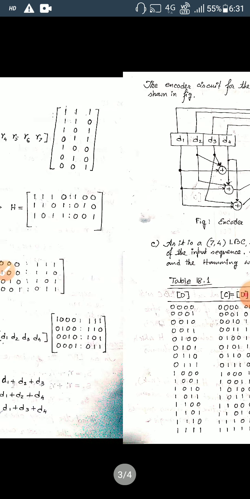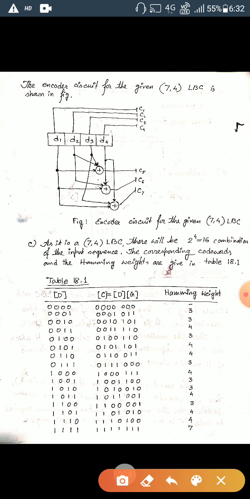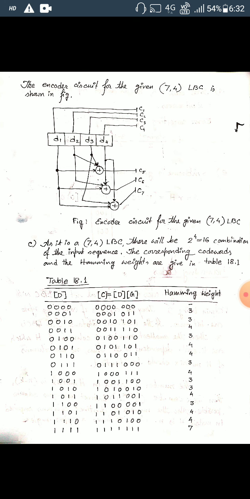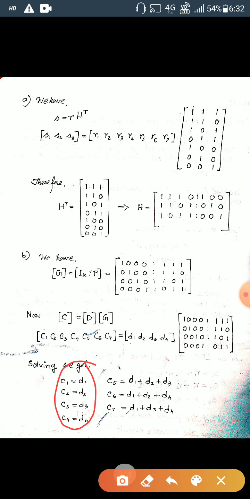So for the first figure, C1 is directly equal to D1. So here C1 is directly connected with D1. C2 is also equal to D2, so this is directly connected with D2. And for C3 and C4, it is due to D4 in this figure.